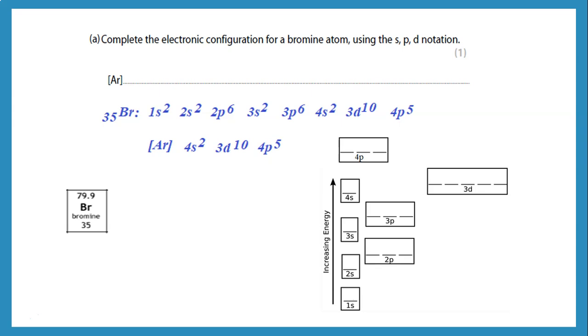But he's writing argon at the beginning. What does he mean? He means I can write this in a shortened form. You remember that argon has, from the periodic table again, 18 electrons.